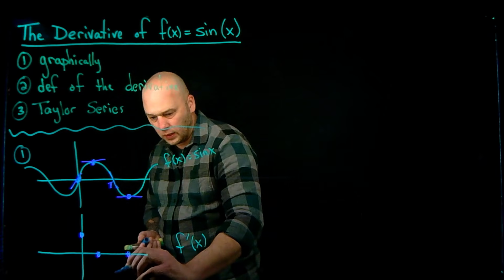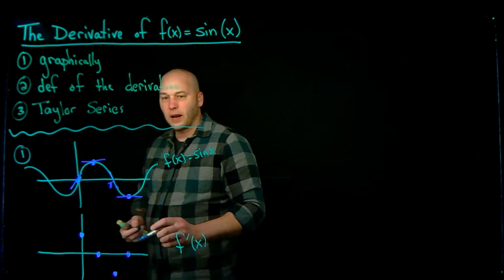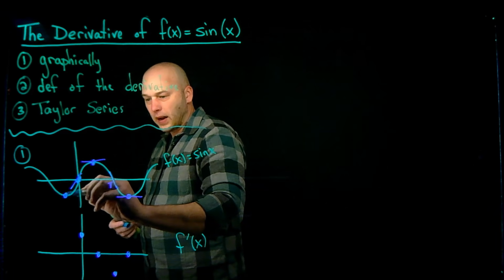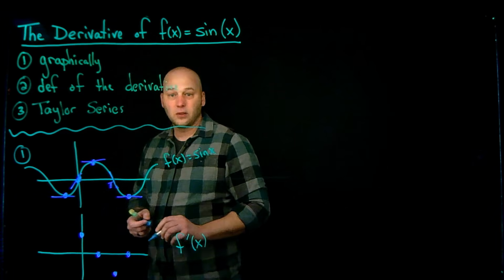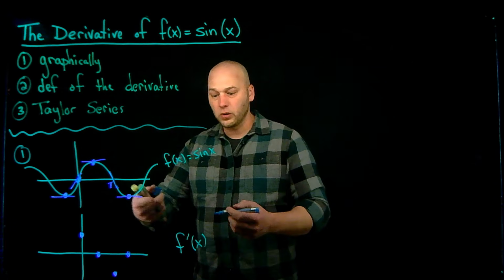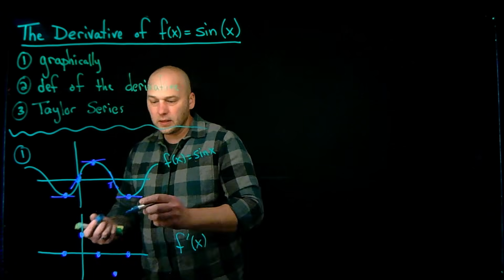So that means that's going to give me a -1. And we could continue this farther and farther out, just until we kind of see what the pattern is. Down here, again, at the bottom of this valley, that has a horizontal tangent, right? So that means that the slope is 0, so the derivative value there would be 0. And let's go ahead and stop there.